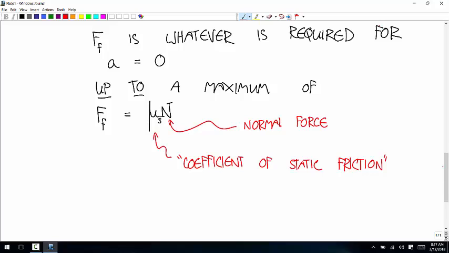One other thing that is sort of surprising about this is notice that this equation doesn't say anything about the surface areas in contact. So you would think it does, and it does make a difference, but not as big a difference as you might think. And so we're going to assume that it doesn't make a difference at all.